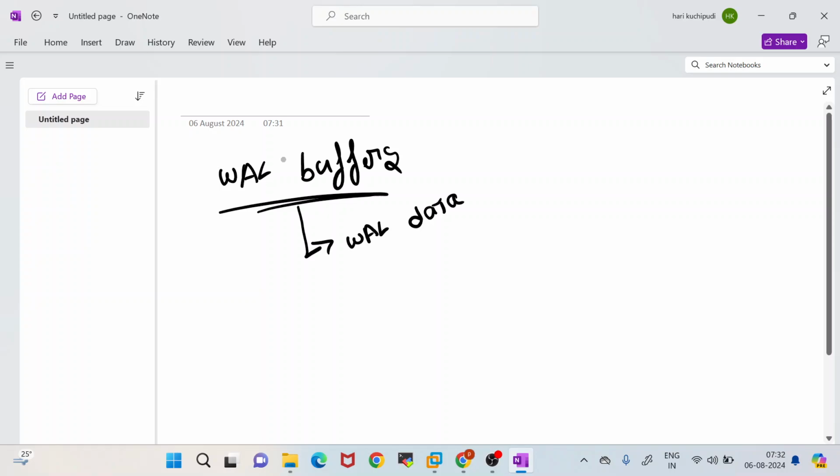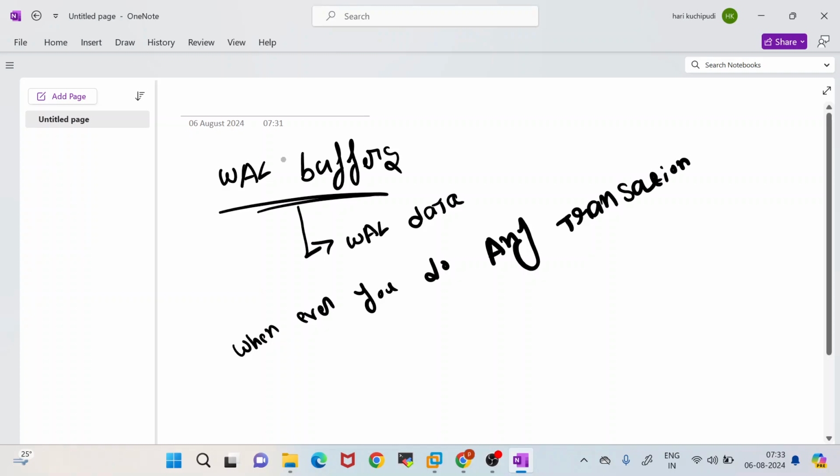What does it mean by WAL data? Whenever you do any transaction, what happens?